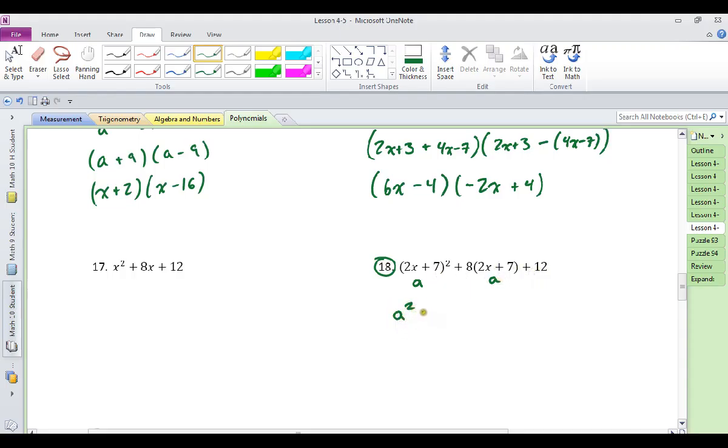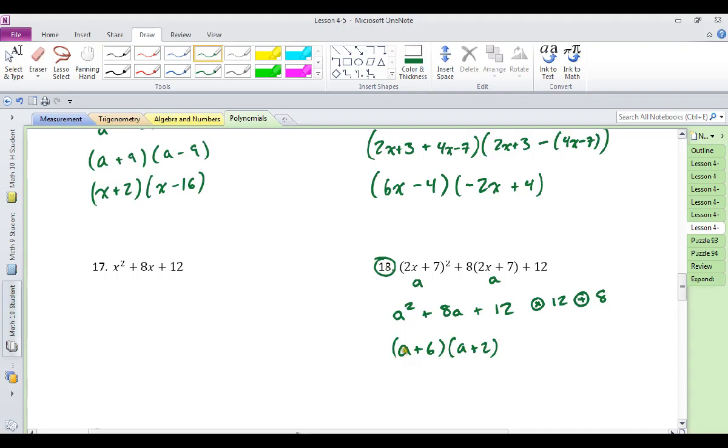A squared plus 8a plus 12. Don't you know how to factor that? Multiply to what? 12 and add to what? 8. What is it? 6 and 2. A plus 6 and A plus 2.